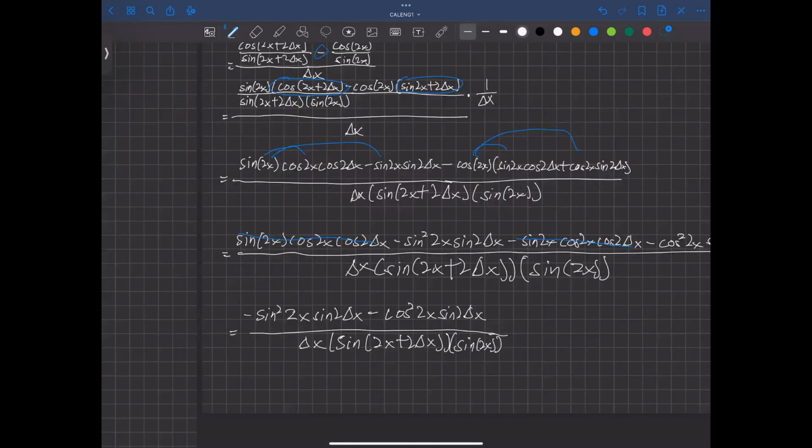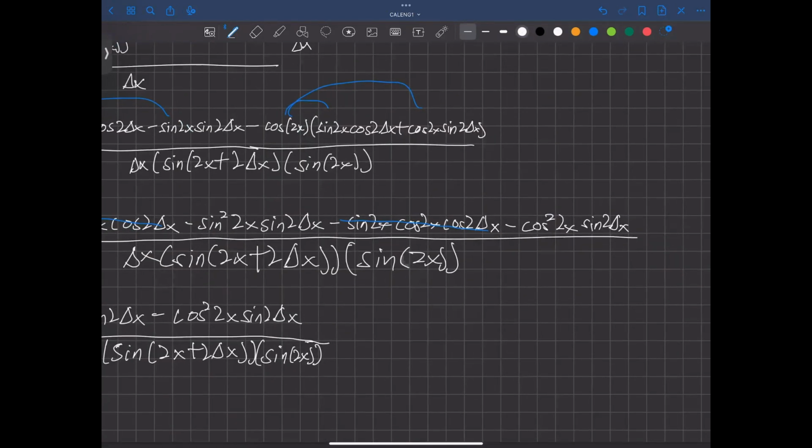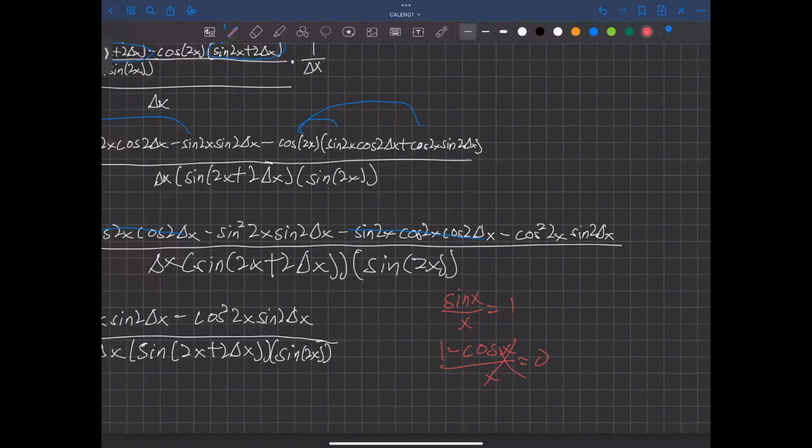So what we want to do is find a way so that we can use the squeeze theorem results, sine x over x equals 1 and 1 minus cos x over x equals 0, in our function. But this time we can just ignore cos x because we're only dealing with sine x.